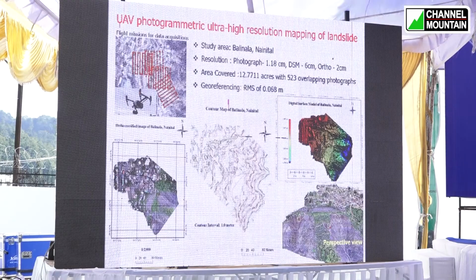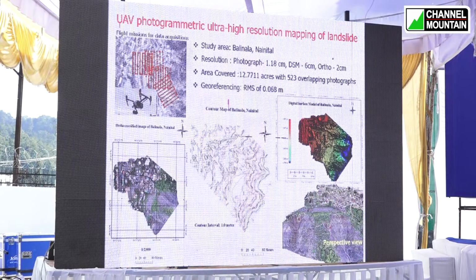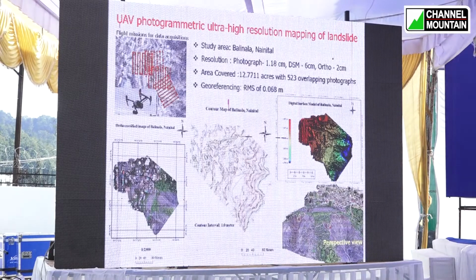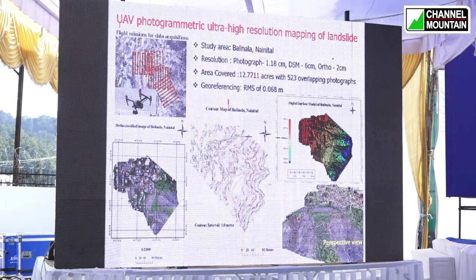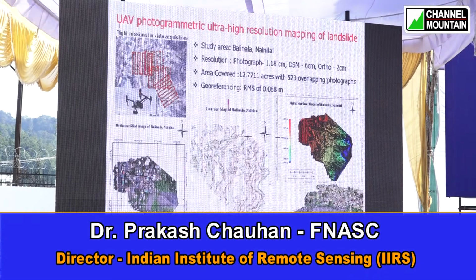We acquired one UAV and flew it over a region called Balianala in the Nainital area, which is very prone to landslides, as you can see from the slopes. Using photogrammetry from this UAV we could generate 20 centimeter contour intervals, which is not possible today with space-based photogrammetry techniques.